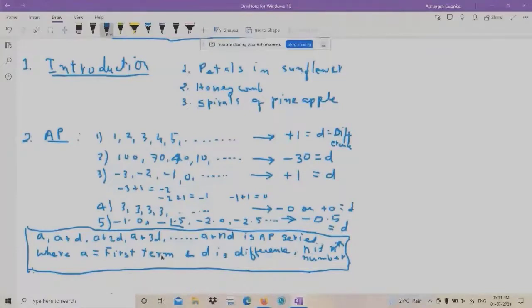And you have to remember the first formula, that is the AP series. So I will write it in bigger fonts.